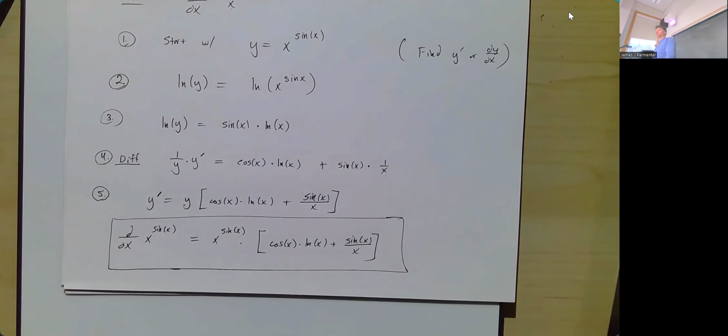That's how you differentiate something where both the base and the exponent have the variable that you're using. Usually x, but it could be really any variable you want to pick. We're going to do more of these, but any questions before we do more of them?